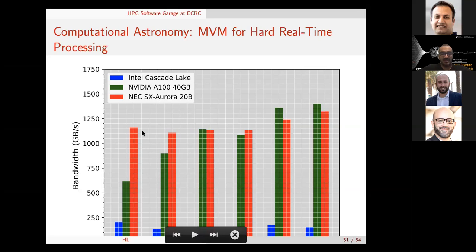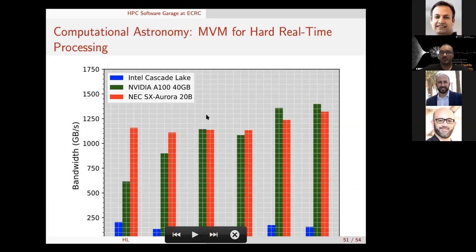Okay, so it turns out for small matrix sizes, when we do those matrix vector operations, in particular for the Subaru Telescope, the XXAO instrument, NEC is able to capture a good performance, a good bandwidth. And as we increase the matrix sizes for other instruments, NVIDIA is able to catch up and deliver the power of HBM2.